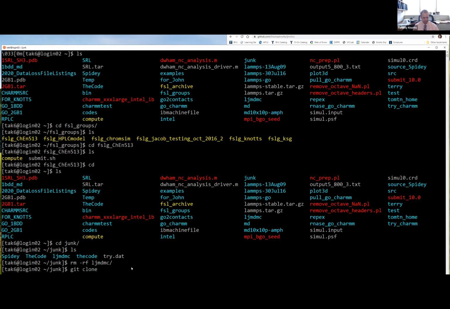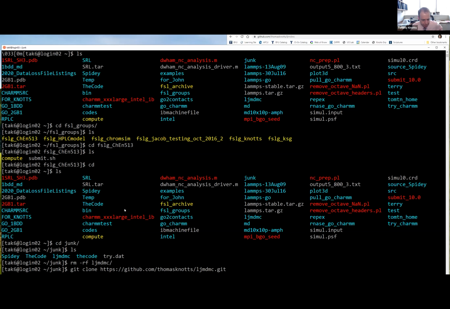And then you're going to go https://, so we're going to get it from the web. And then it's github.com, ljmdmc.git.